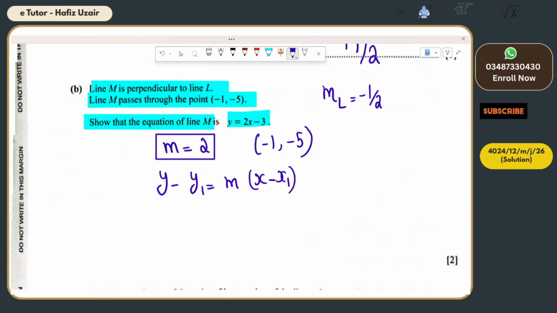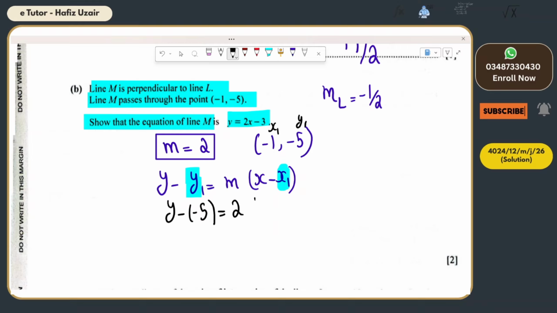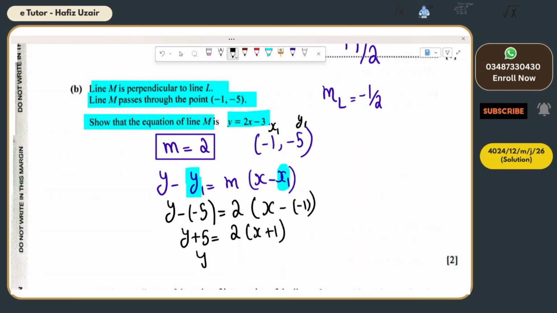Now what are y1 and x1 over here? y1 and x1 are the coordinates of the point through which this line passes. So this is x1 and this is y1. Let's substitute these. So y minus minus 5 is equal to 2 times (x minus minus 1). So that will be y plus 5 is equal to 2 times (x plus 1). So that will be y plus 5 equals 2x plus 2.